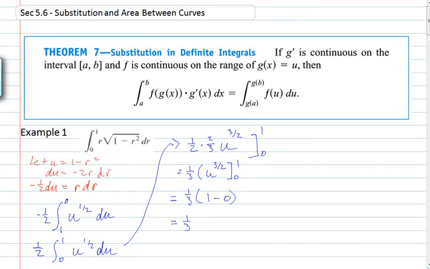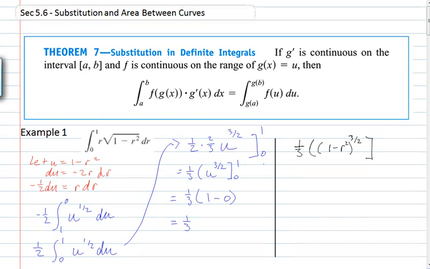Now, just to prove to you that this is a valid method, I am going to not change my bounds. After I integrate, I still end up right here at 1/3. But in place of the u, I'm going to plug in 1 minus r squared raised to the 3/2, and then go back to the original bounds of 0 to 1.